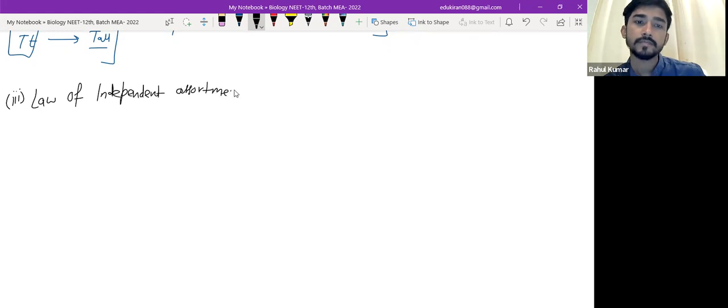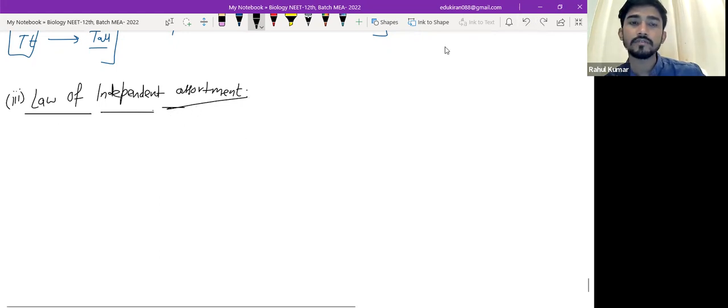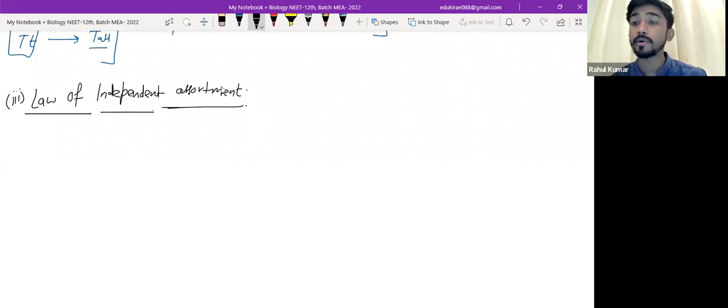Now, this law also has exceptions, so it is not a universal law, but let's first figure out what the law is. It is a law of independent assortment, but independent assortment of what? Independent assortment of characters. Is it clear?